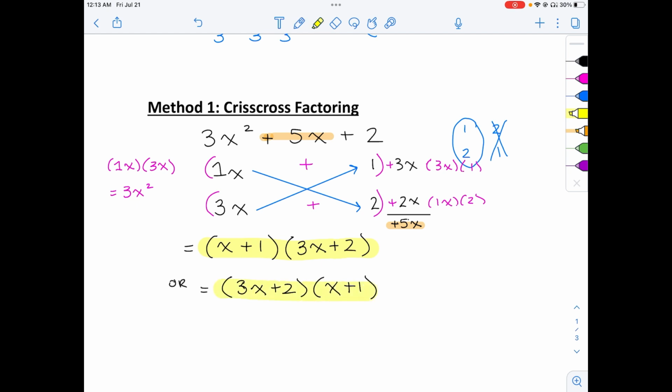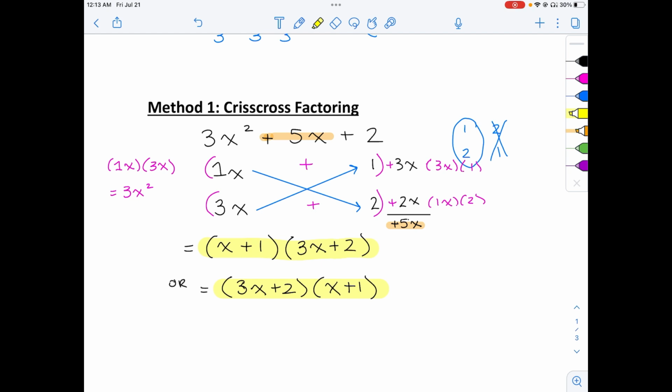Like this is the same factored form. And the great thing about factoring is that you can always expand to check your answer. So you can expand it and you should get the exact same answer as what you started with. So that's the nice thing about factoring. It makes it easy in that sense.